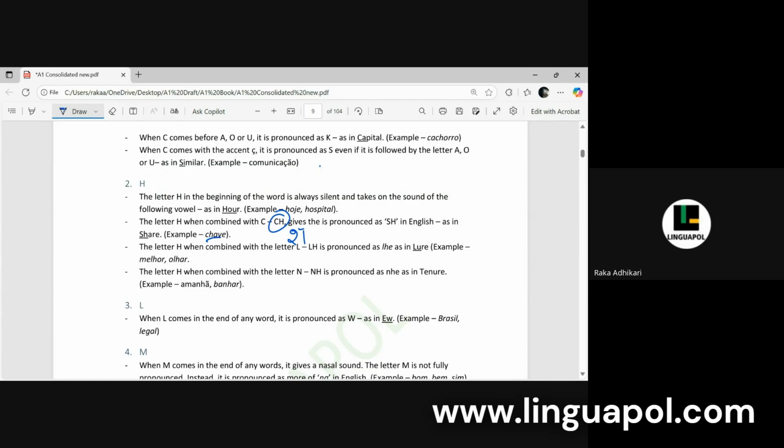For example, can you read this word, anyone? Chave. Yes. In European Portuguese, we'll say "shav". We'll finish the word very quickly. And in Brazilian, we will say "chave". We'll extend it a little bit at the end.